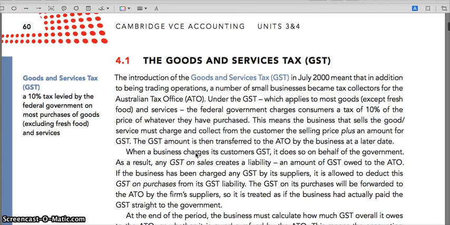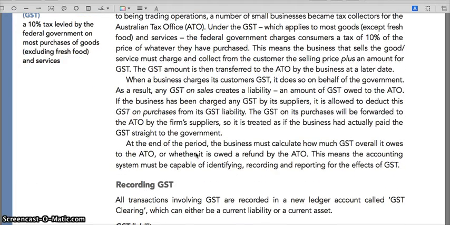The government doesn't actually collect that tax until the end of the quarter, where a business needs to complete a BAS statement and then pass on that money that they've essentially collected on behalf of the government.